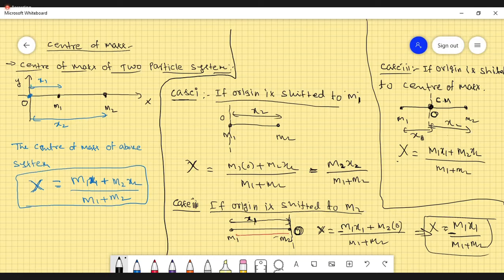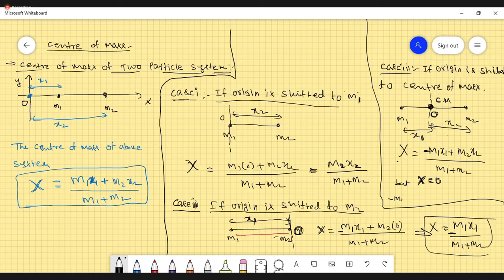And here, minus m1 x1 plus m2 x2. But X equals to what? 0. That is center of mass X equals 0, because it is at origin. So if it is 0, 0 into m1 plus m2 is 0, na? Yes, sir, 0. So finally what will be?